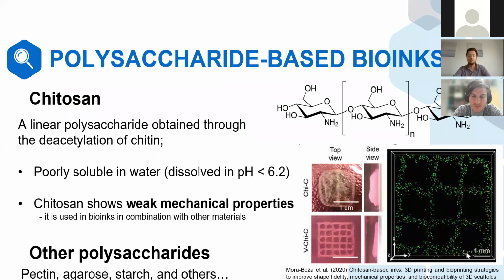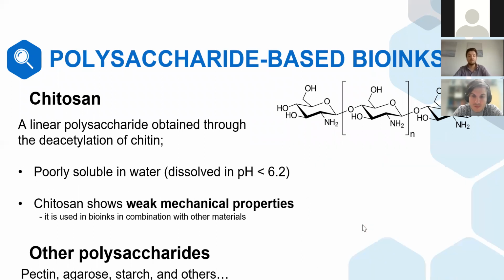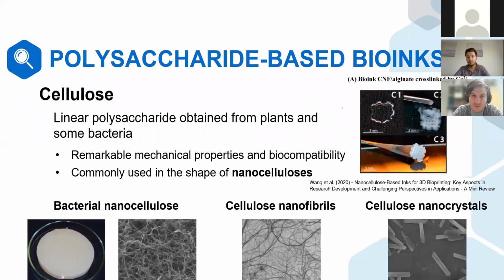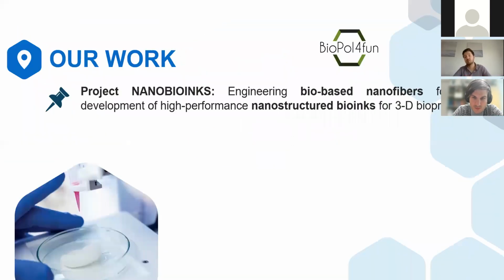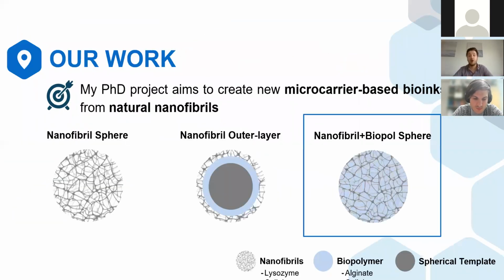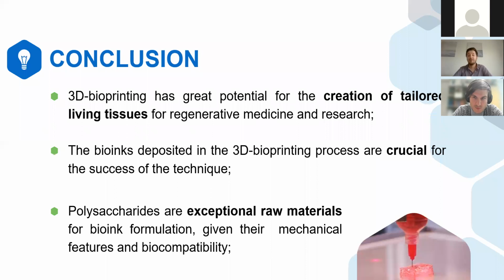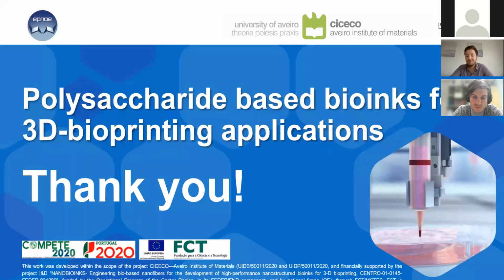In this case, as you see, the squares have a size of about 1 millimeter, but I think smaller resolution has been achieved. These works are not done by us. I still don't know how my bioinks will behave, but I'm hopeful I will have these results soon. Thank you very much.